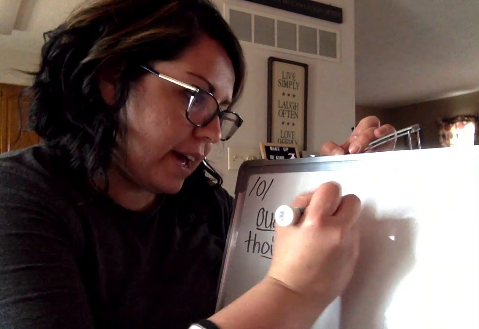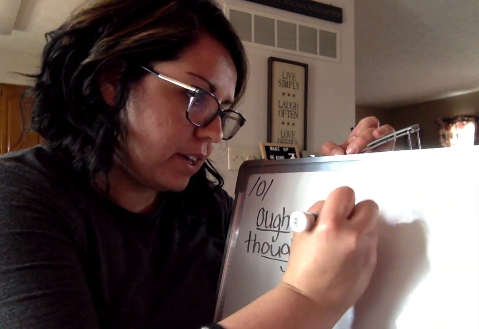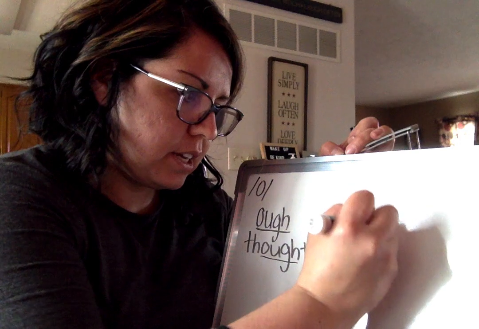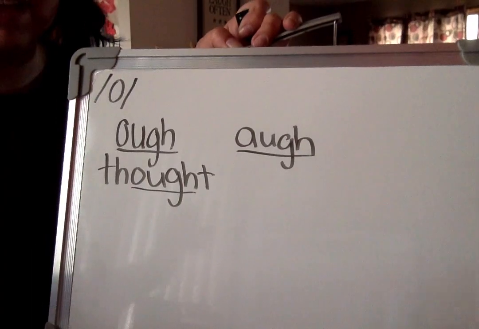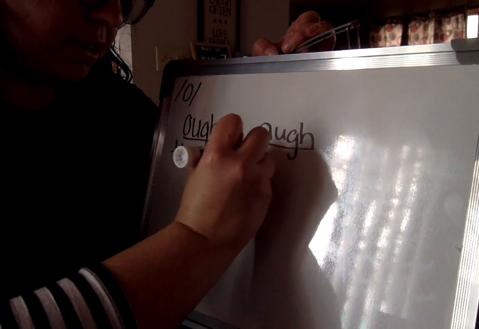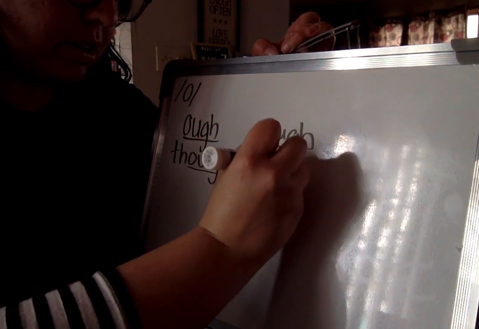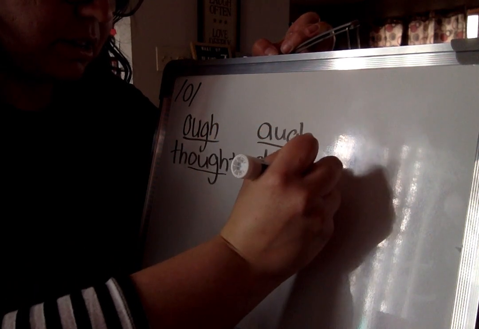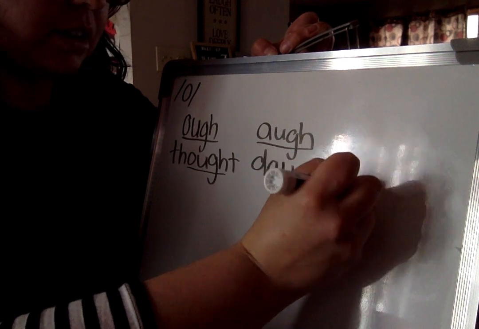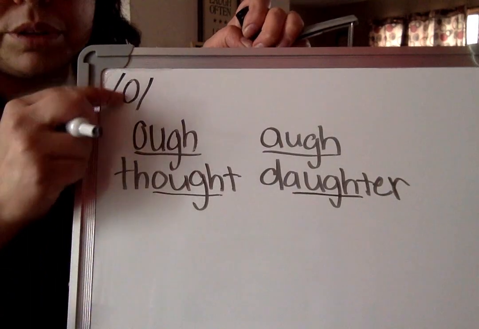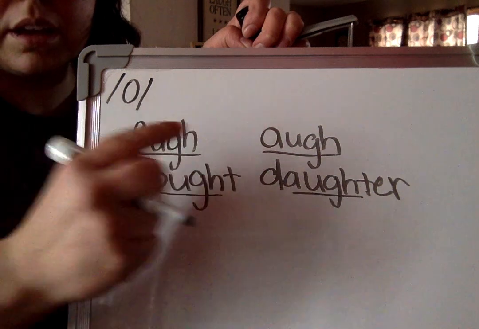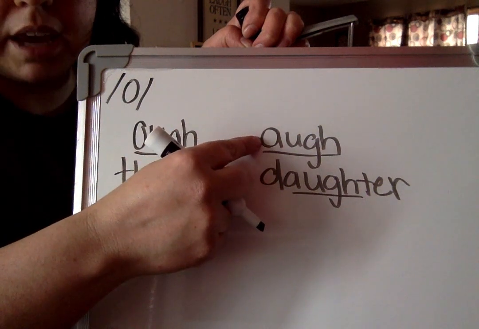We also have A-U-G-H. You can say "ah," as in the word daughter. Okay, so O-U-G-H can make "ah," A-U-G-H can make "ah."